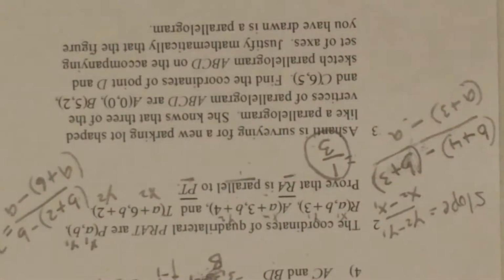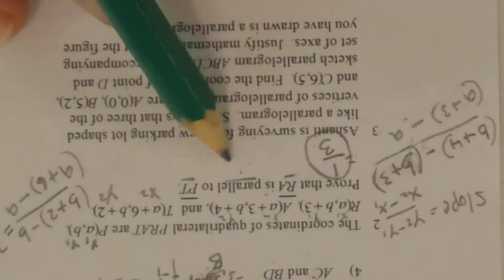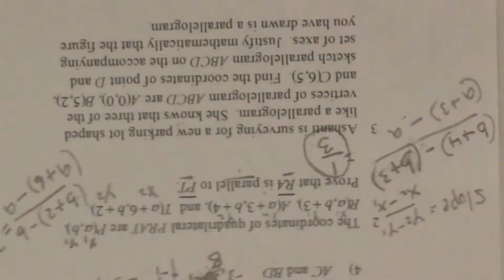All right, b plus 2 minus b. So b minus b cancels, so I just get 2, over a minus a cancels, so I just get 6. Then simplify. 2 goes into 2 one time and into 6 3 times. So because the slopes are equal or congruent, then they are parallel. And that's pretty much all there is to it.